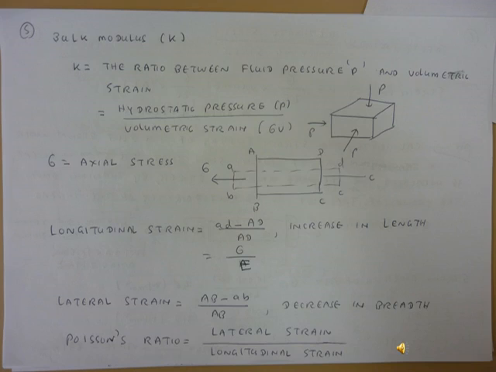Therefore the lateral strain is the original diameter capital A, capital B, minus the new diameter small a, small b, divided by the original diameter capital A, capital B. So that will be the decrease in the breadth. The Poisson ratio can be calculated as lateral strain divided by longitudinal strain.